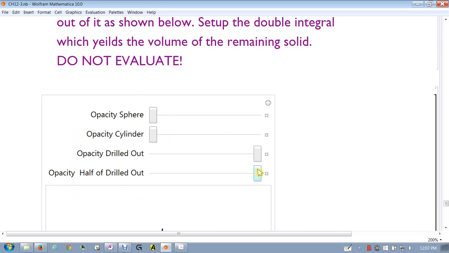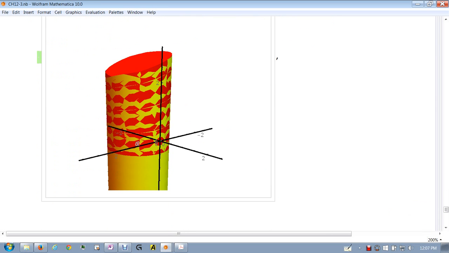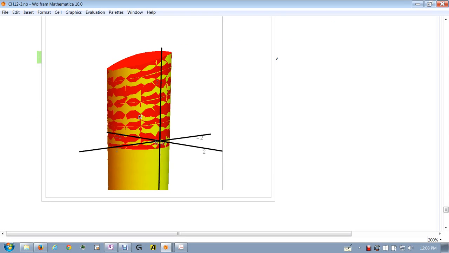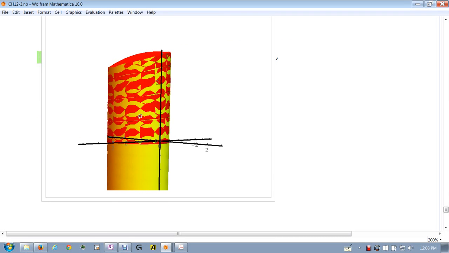Sorry if I'm killing you with boredom here. That's the part that we take out. And I don't know if you can tell, but the top of it has a little bit of a curve to it, doesn't it? This is not as simple as just a cylinder with flat pieces cut off the top. It's complicated. It has a little cap. So you have to account for that.